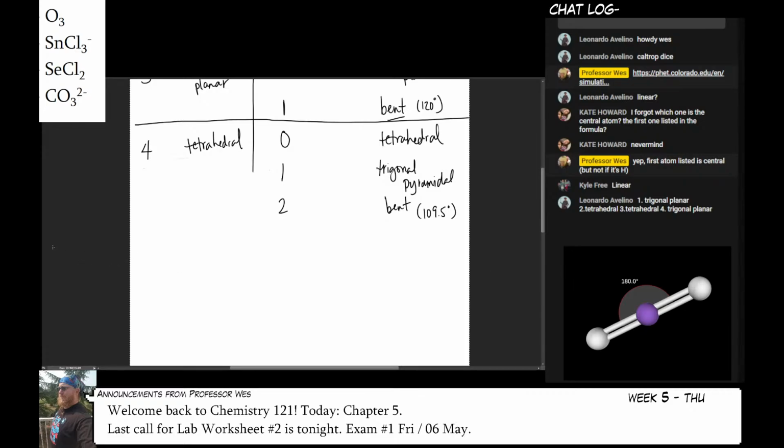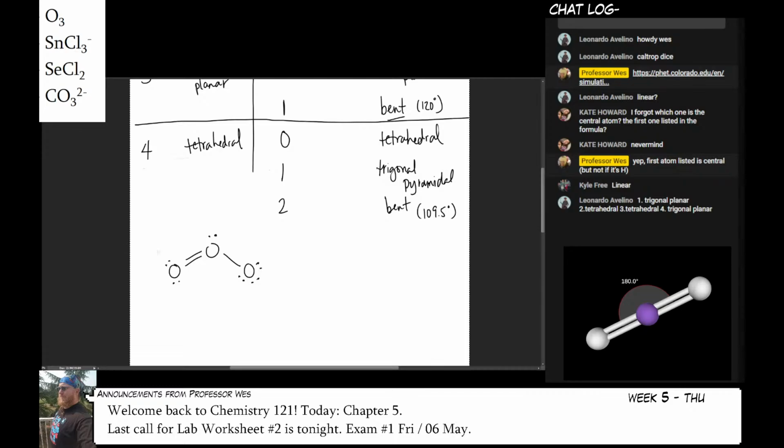And so we got ozone. I'm not going to go over how to draw the Lewis structures at this point because we should know how to do that. But your Lewis structure should look something like this. I just have these memorized at this point. So 8, 16, 18. Okay, so there's ozone.